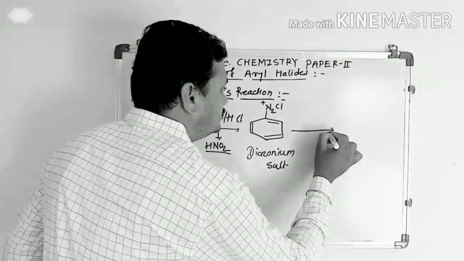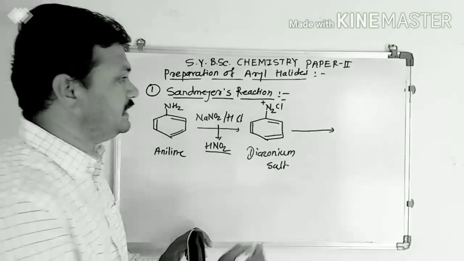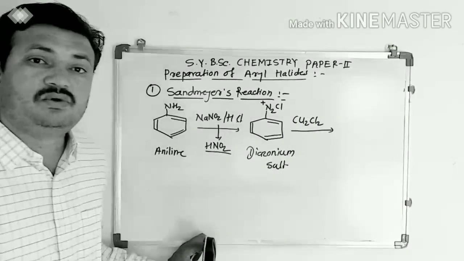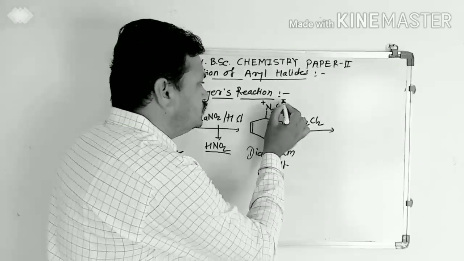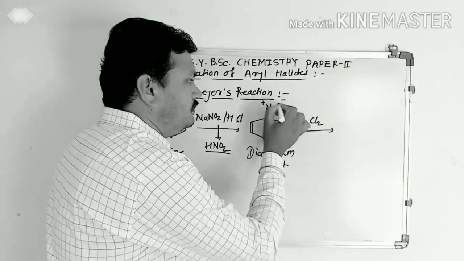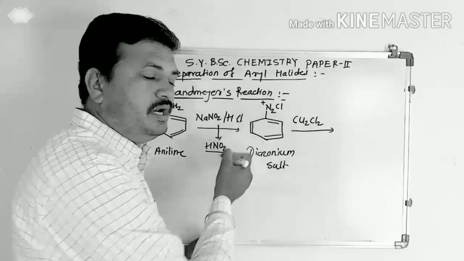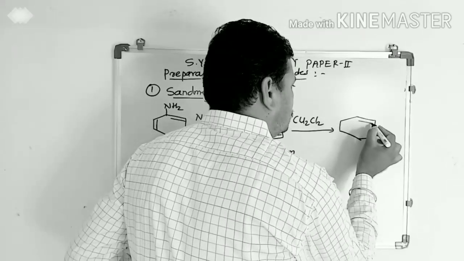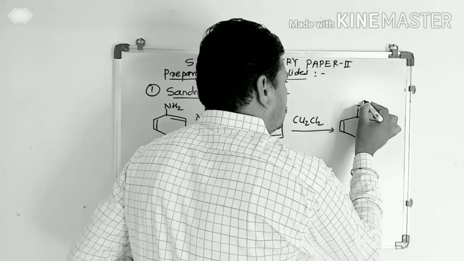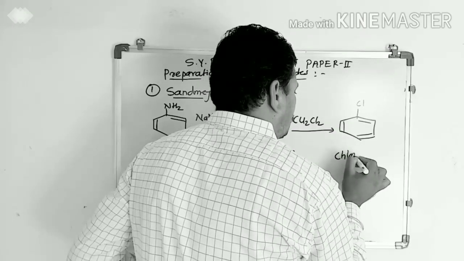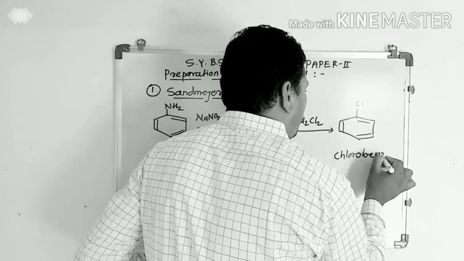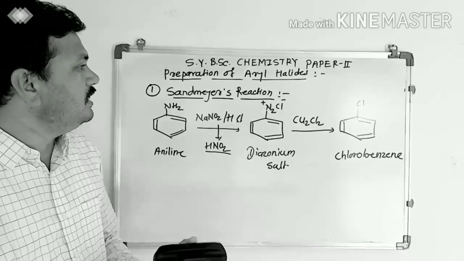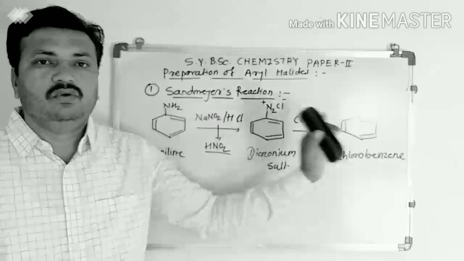And when this diazonium salt is treated with cuprous chloride, this diazonium group is replaced by this chlorine atom, and we get the product, it is chlorobenzene, and it is known as the aryl halide chlorobenzene.